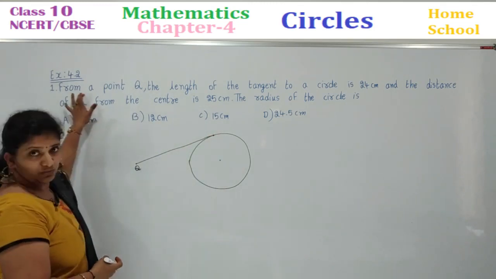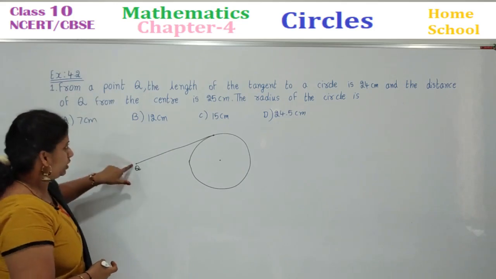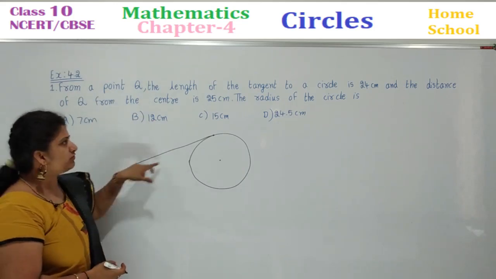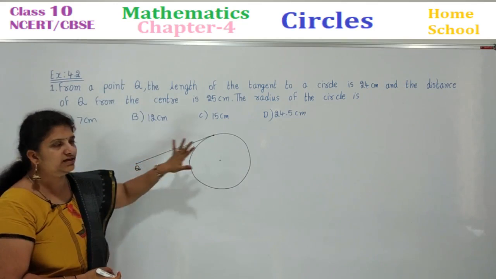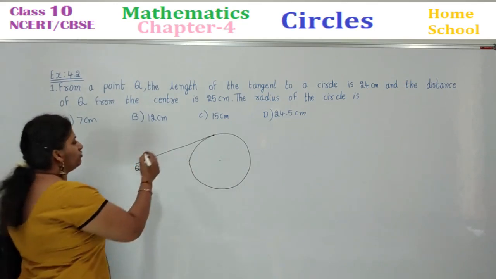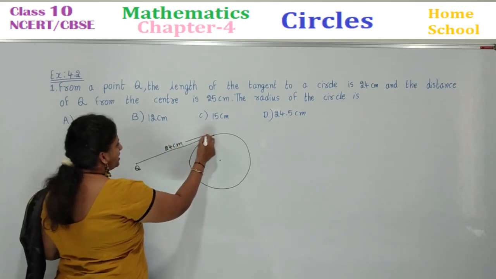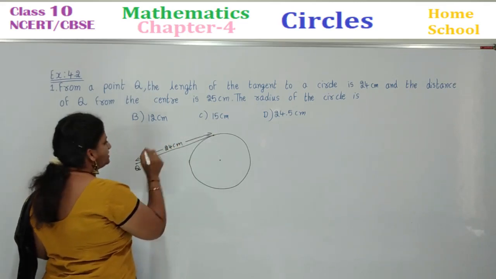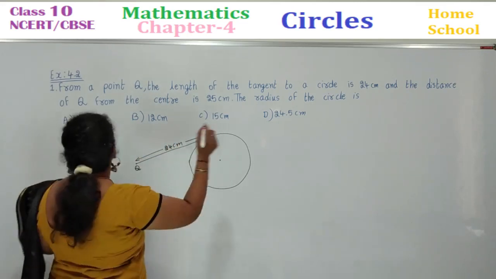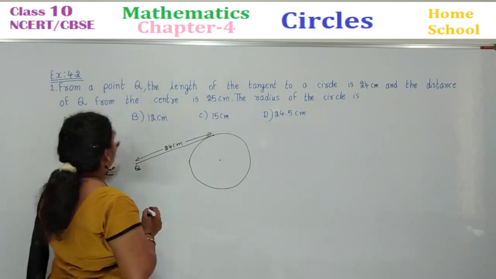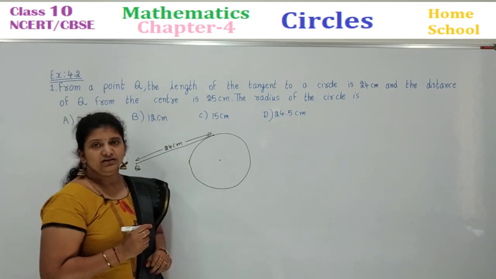Once again, I read the question. From a point Q, the length of the tangent to a circle is 24 centimeters. So, the length of the tangent is how much? 24 centimeters. And the distance of Q from the center.